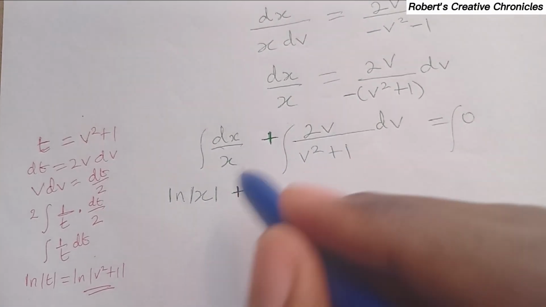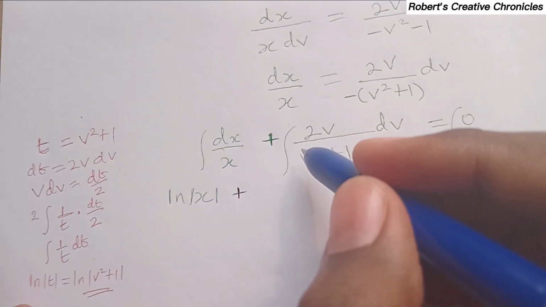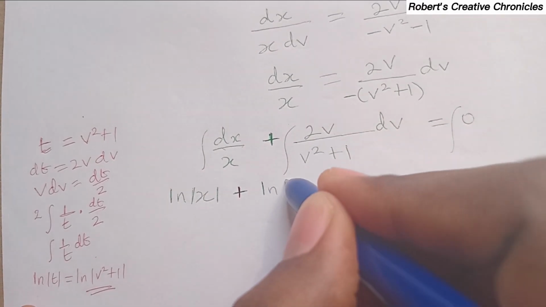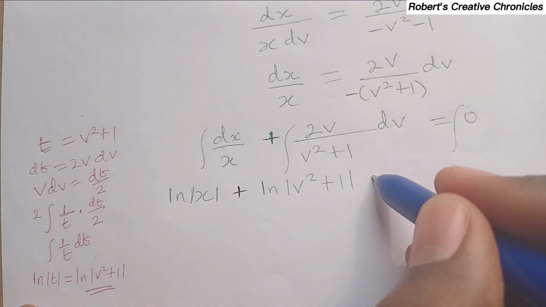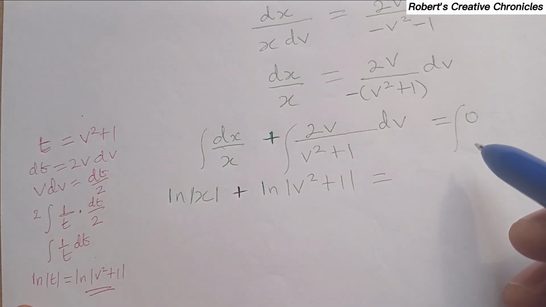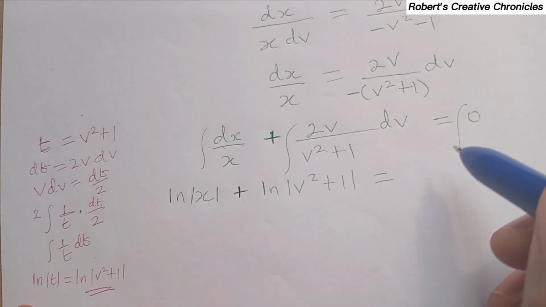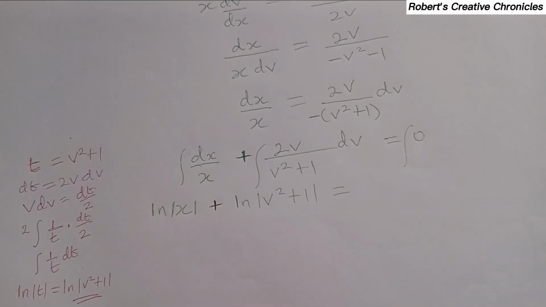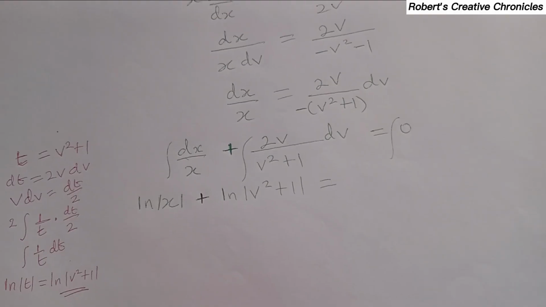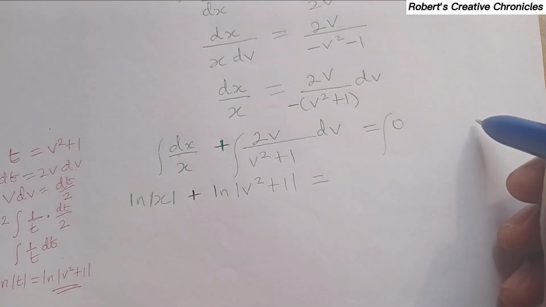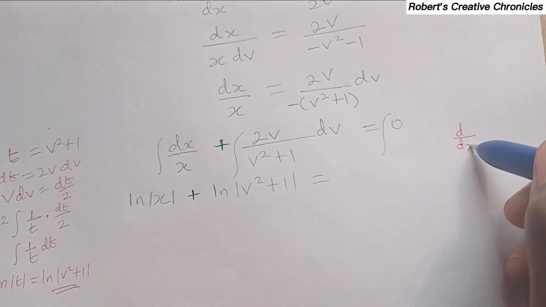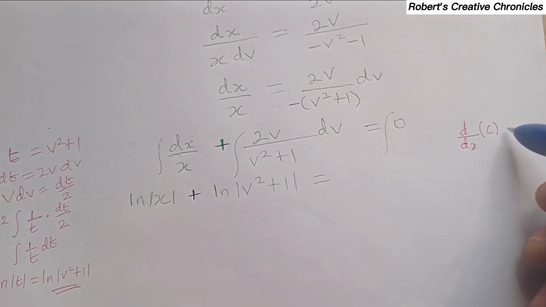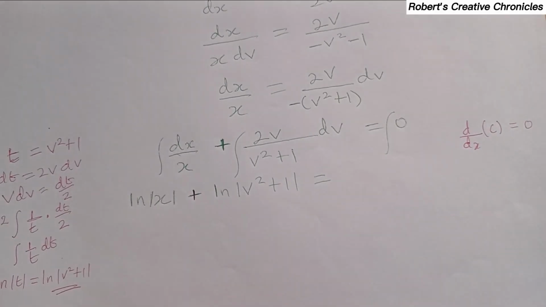So it will be what? Ln v squared plus 1. Then the integral of 0 is what? It's a constant. The integral of 0 is a constant. Many people usually confuse the integral of 0. Because you know that the derivative of a constant is 0.